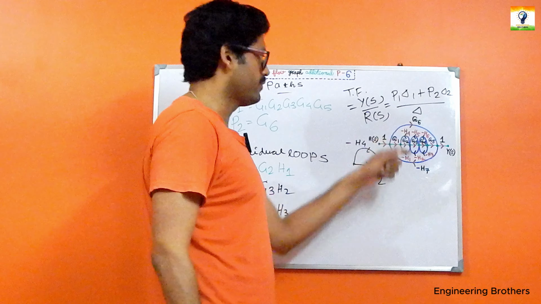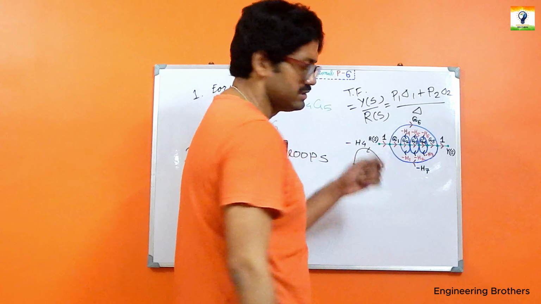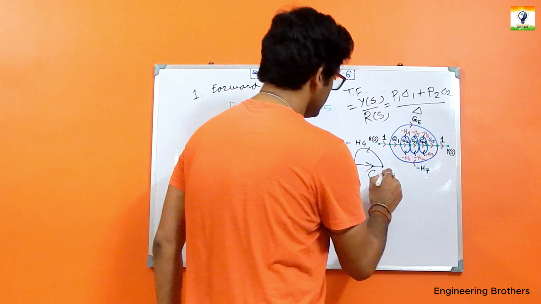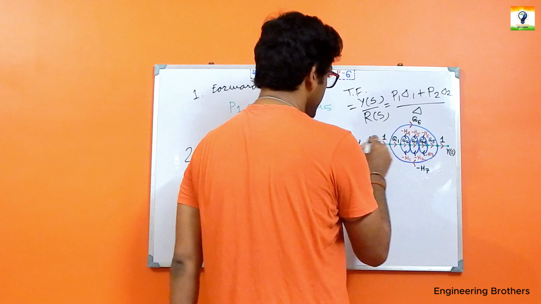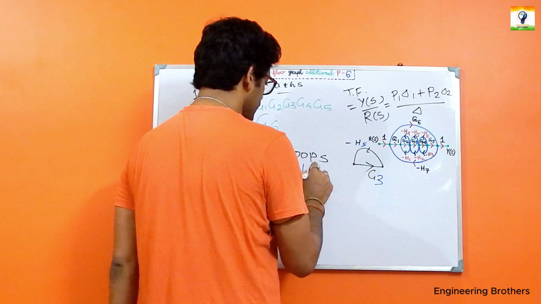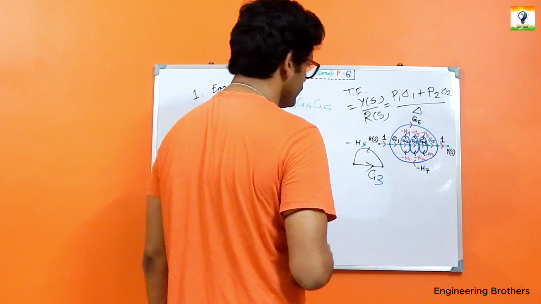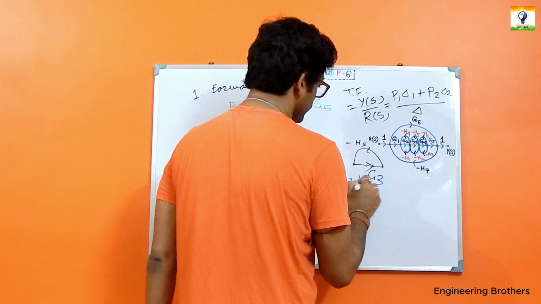Okay. Similarly for our next loop, this one will be our G3, and this one will be our H5. Now what is the loop for that following part? The loop for that following part will be minus of G3 H5.